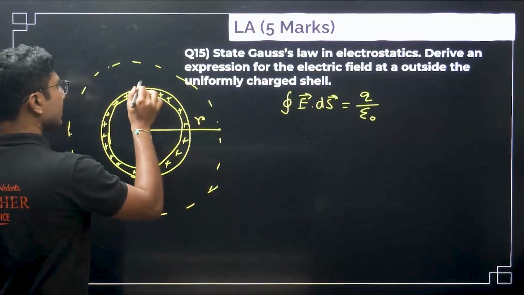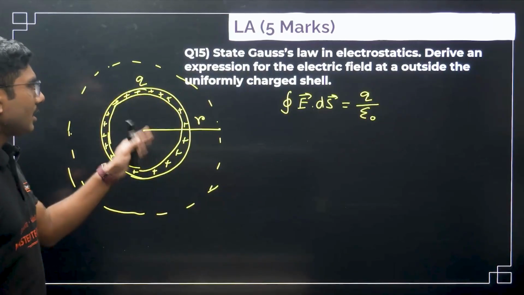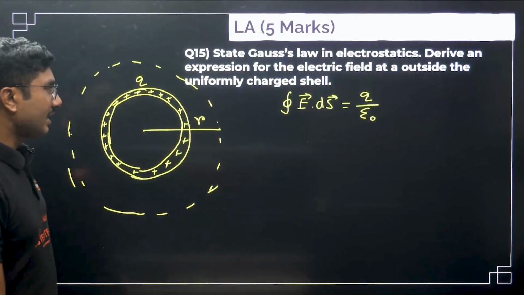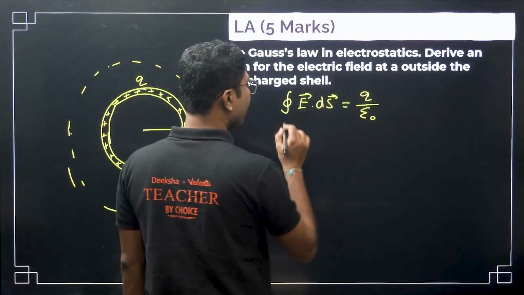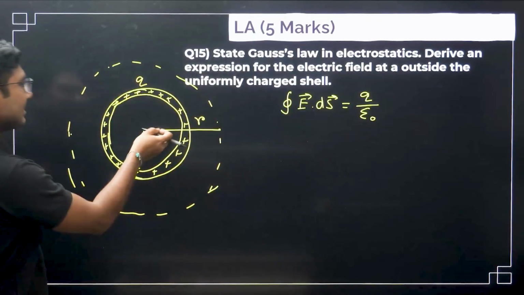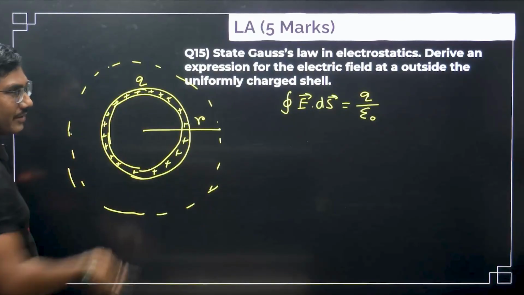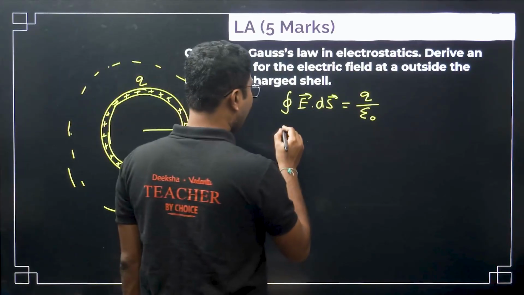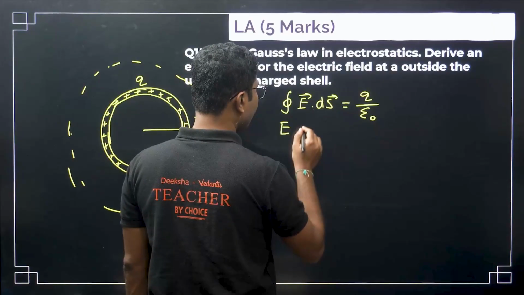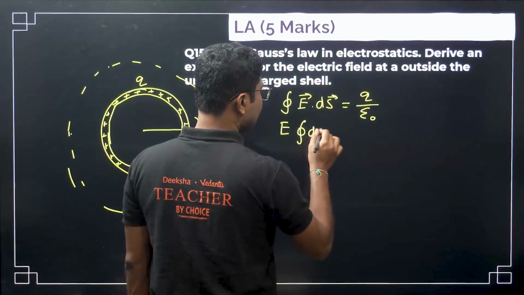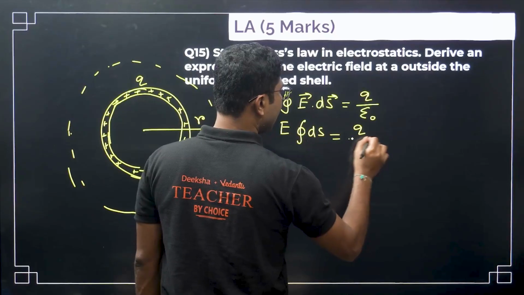What is q enclosed? Q is the total charge on the spherical shell. So what is E dot ds? Again, E is spherically symmetric, meaning the r distance is constant throughout the surface. So the electric field magnitude is constant, and it will come out. So again E times the integral of ds equals q by epsilon naught.